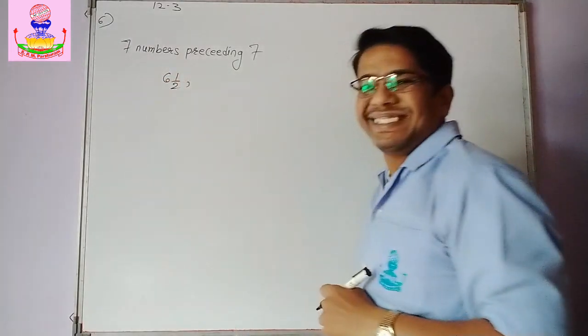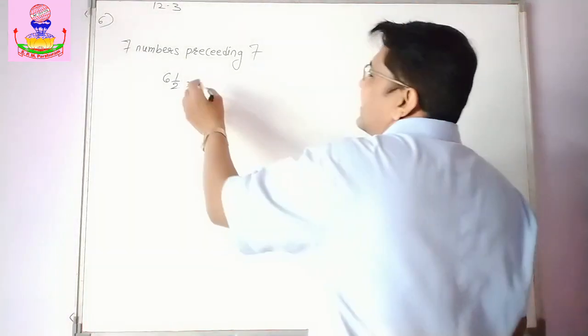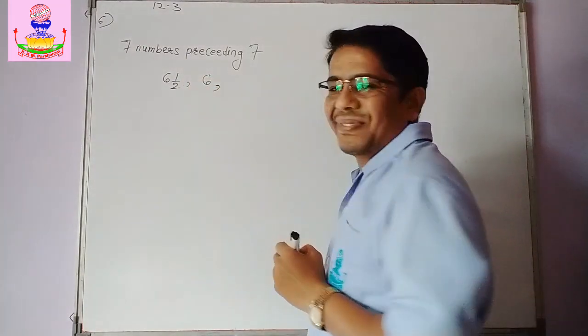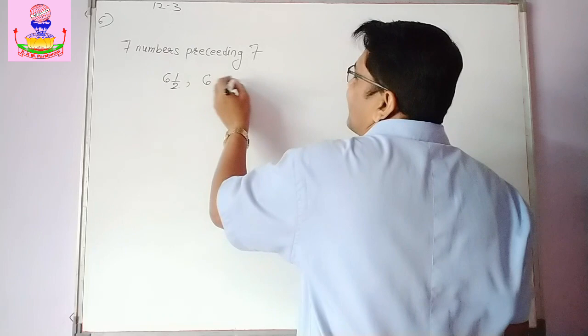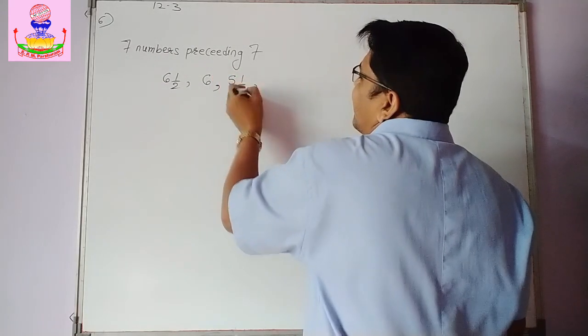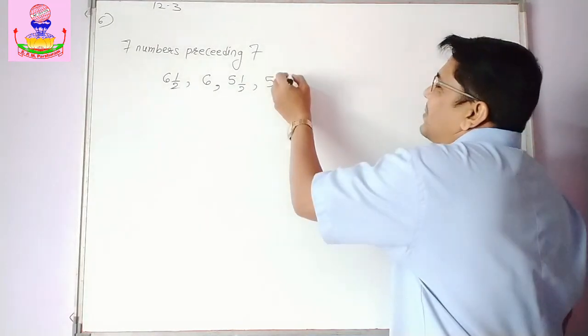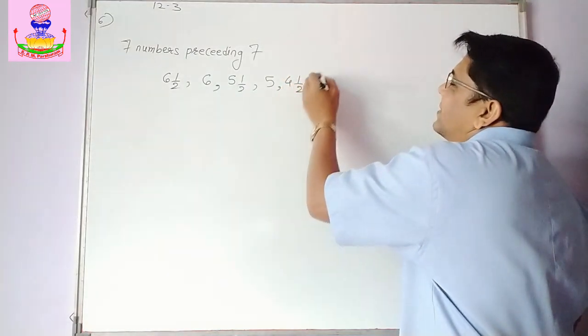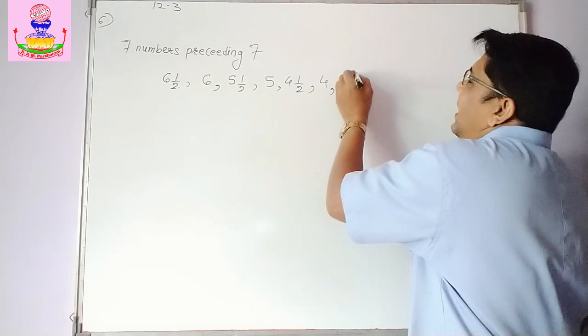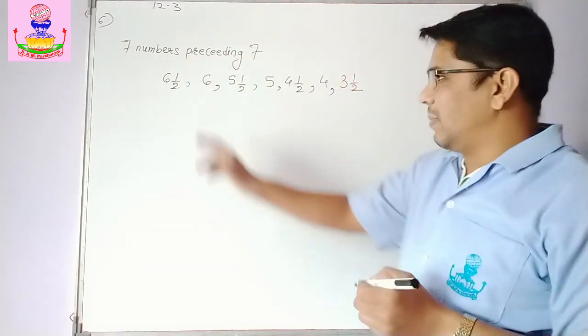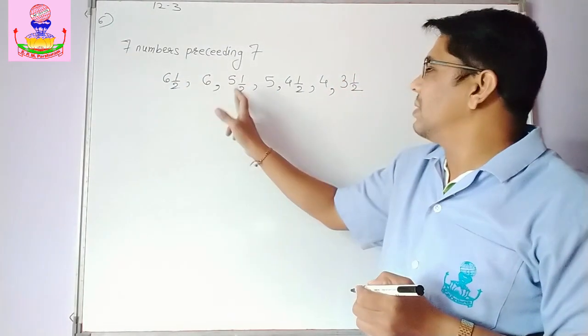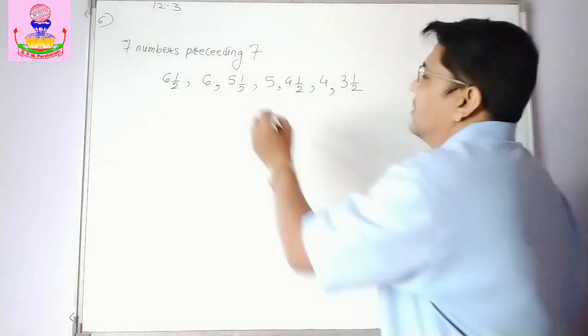Then next is 6. Next is 5.5. Then next is 5. Then 4.5. Then 4. And last 3.5. Decreasing by half. 1, 2, 3, 4, 5, 6, 7.